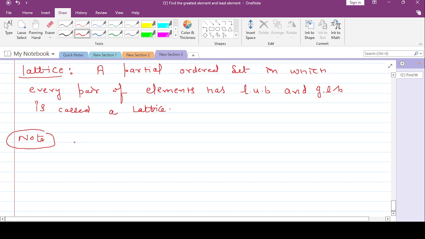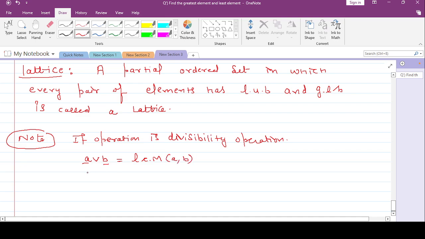that if the operation is the divisibility operation, then for finding LUB, if you take two elements and want to find the join of them, take the LCM of A and B. And if you want to find meet, this symbol means meet, in that case find the GCD.